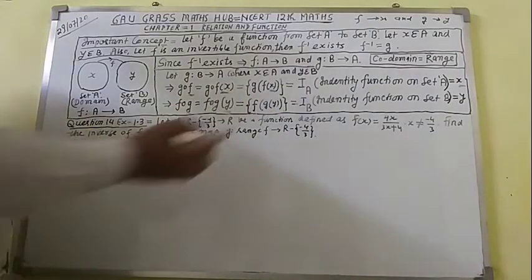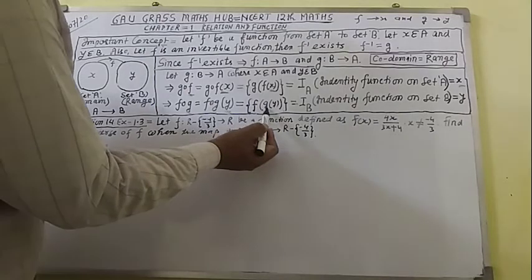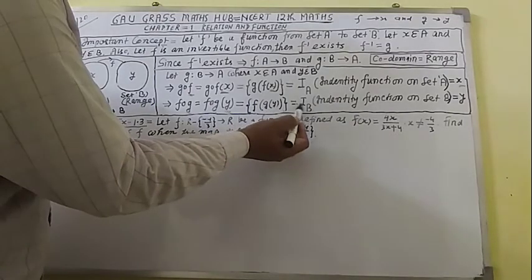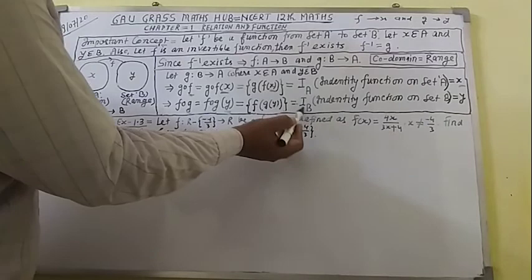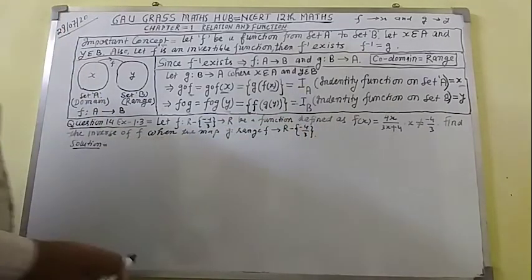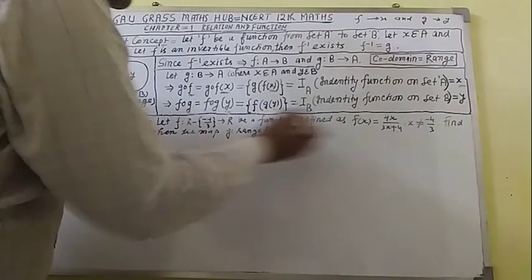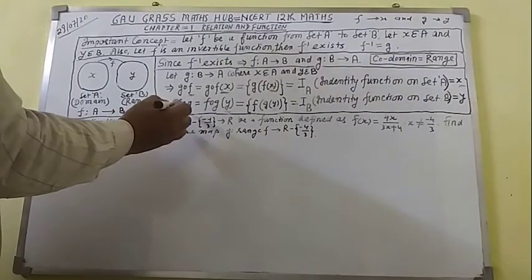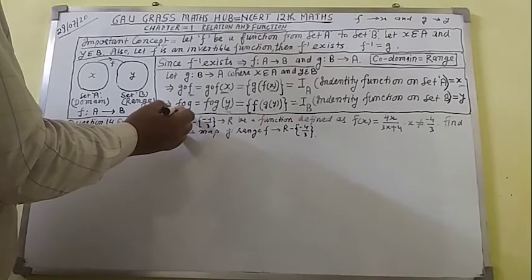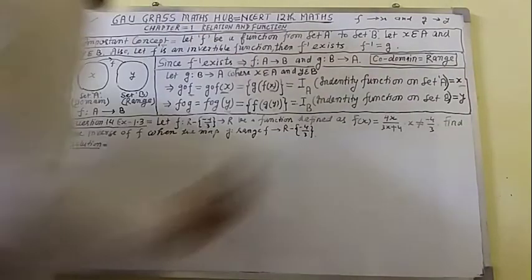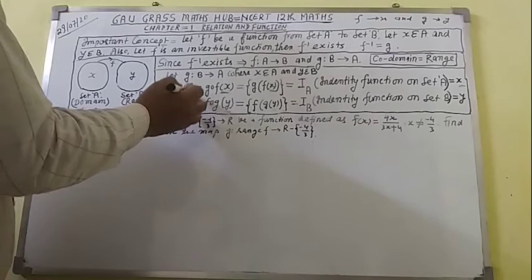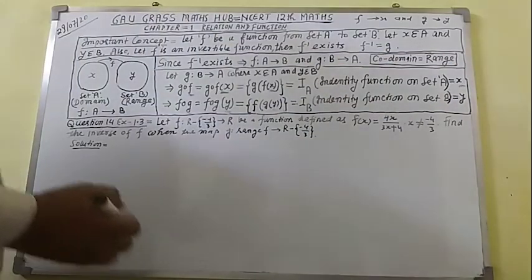So this will be read as f of g(y) equal to I_B, the identity function on set B, equal to y. So here you have got f o g equal to y, g o f equal to x.